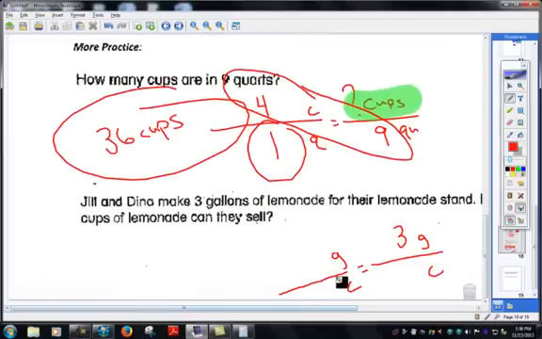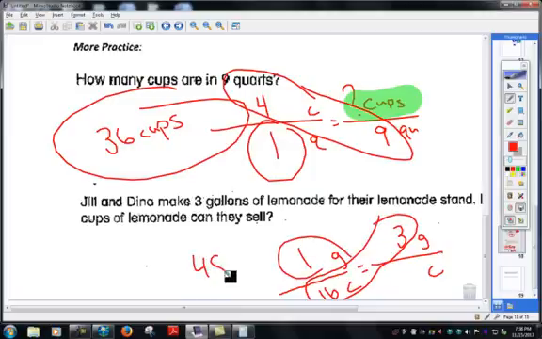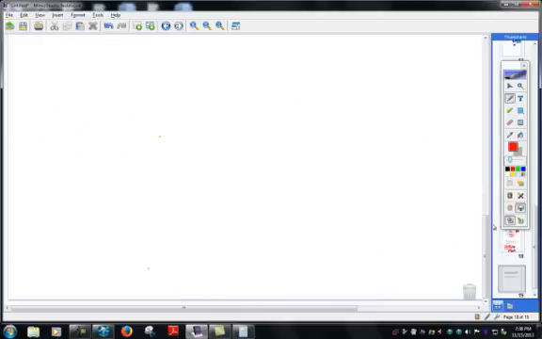So the ratio would be 1 gallon is 16 cups. We cross multiply and divide. We get 48 cups of lemonade they could make.